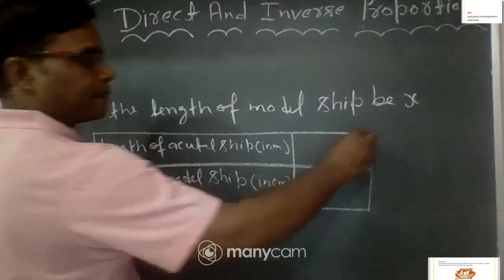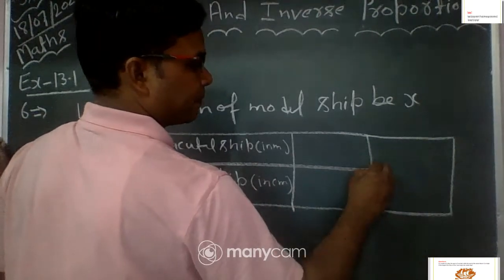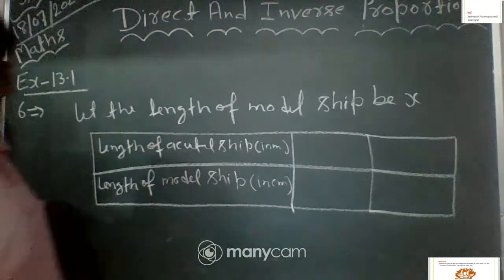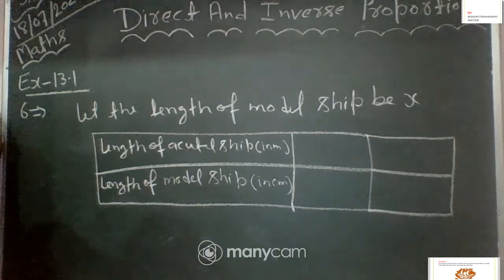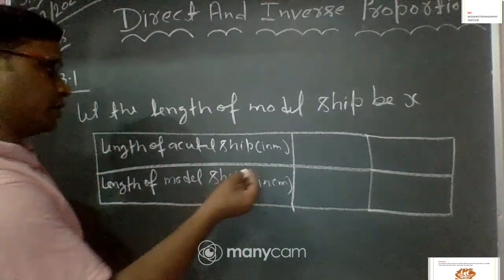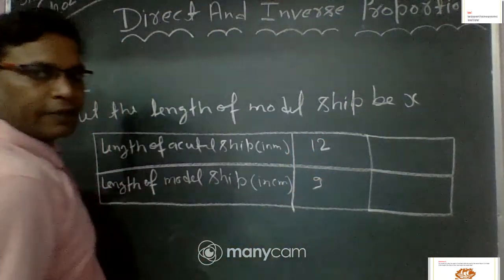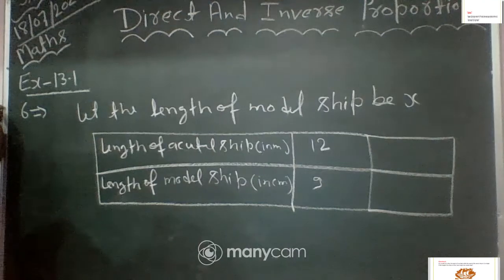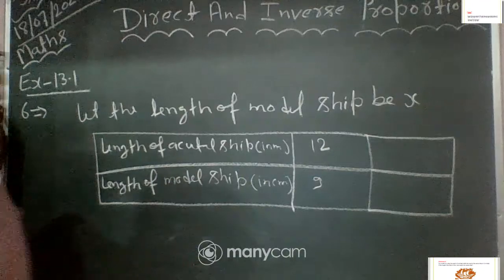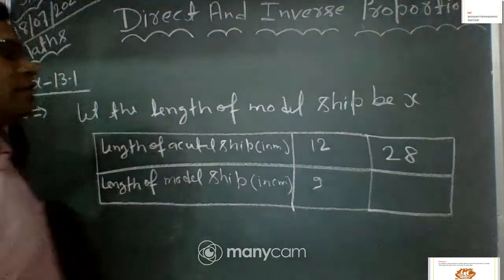So here it is given in the question that the mast is 9 centimeter high, while the mast of the actual ship is 12 meter high. So this is 9 centimeter. And the next condition is that if the length of the ship is 28 meter, then what is the length of the model ship?